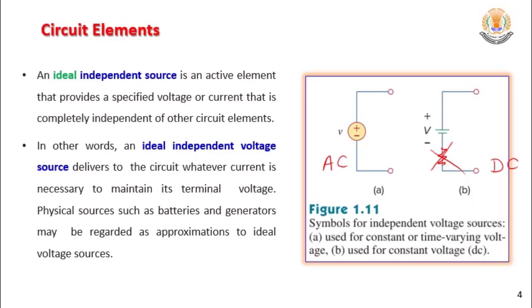What's meant by ideal independent voltage source? This means it delivers to the circuit whatever current is necessary. In short, the voltage across the source is constant, irrespective of the current drawn. Take any current, but the voltage is constant. Clear?